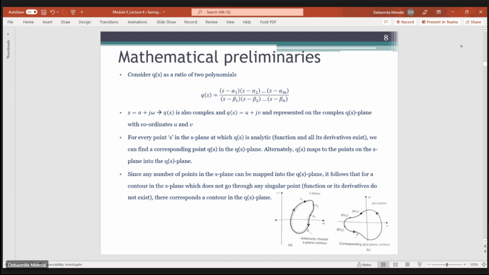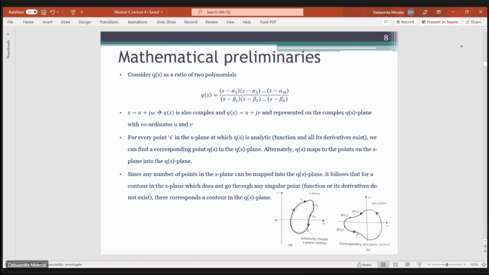Similarly, for different values of S in the S plane, you will have a single corresponding value in the QS plane. This mapping will be valid in case QS is an analytic function. Analytic function means that the function and all of its derivatives exist.